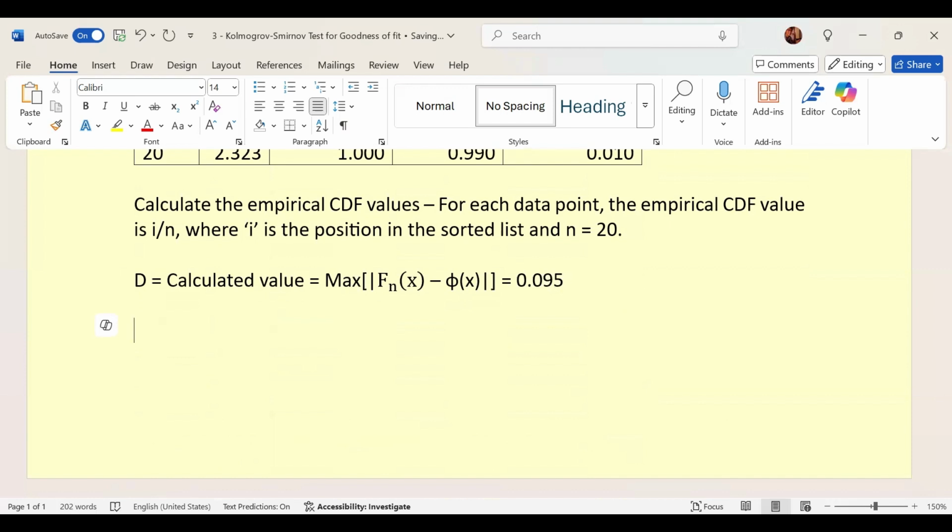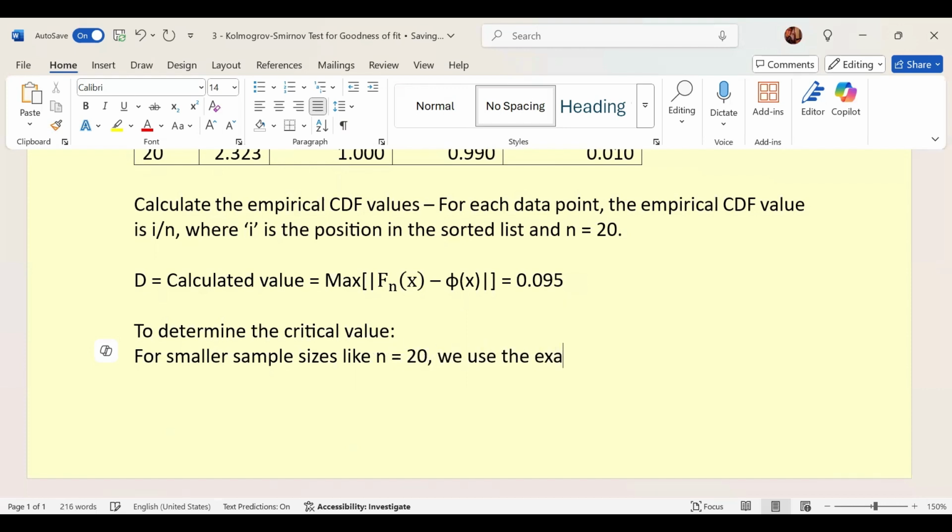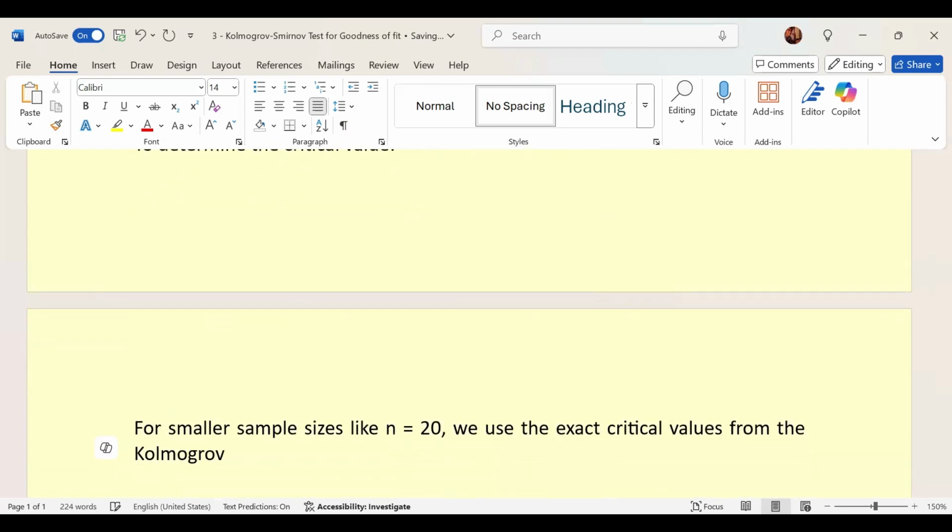Then the critical value. To determine the critical value for smaller sample sizes, like n equal to 20, we use the exact critical values from the Kolmogorov-Smirnov table.